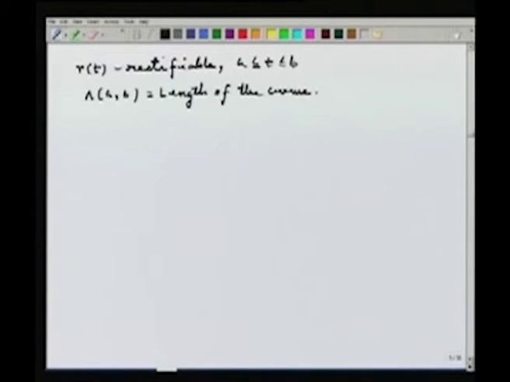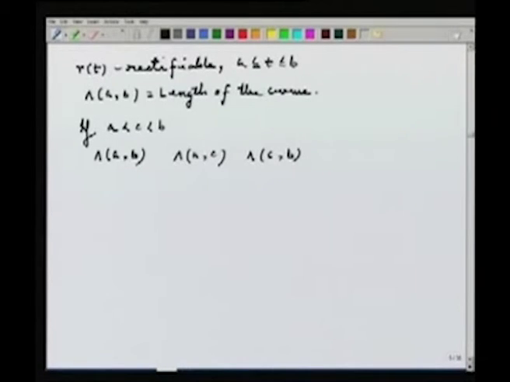The following thing can be proved, not very easy, but it's a provable fact, and which we will need: the additivity of the length. That is, if c lies between a and b, then I can talk about lengths lambda AB, lambda AC and lambda CB.